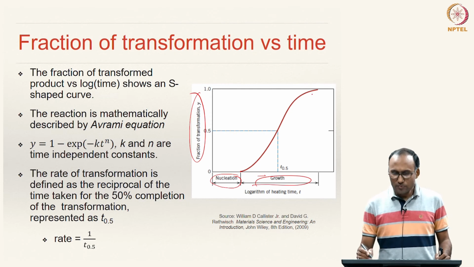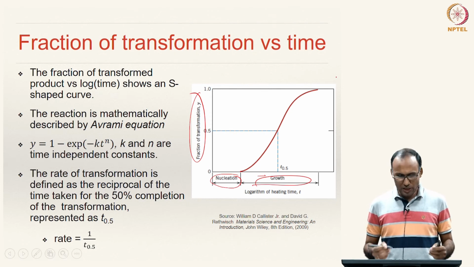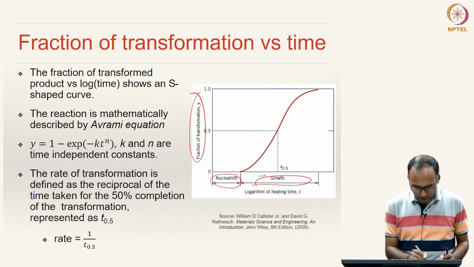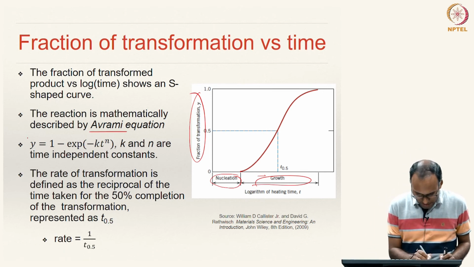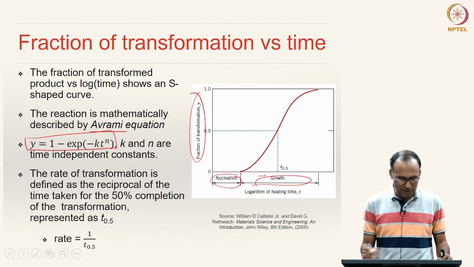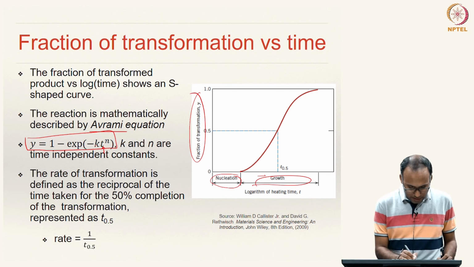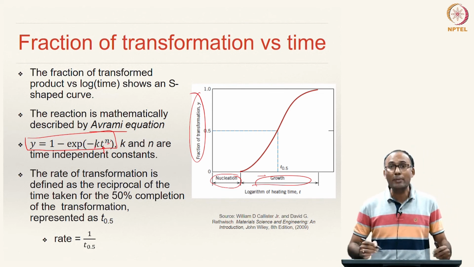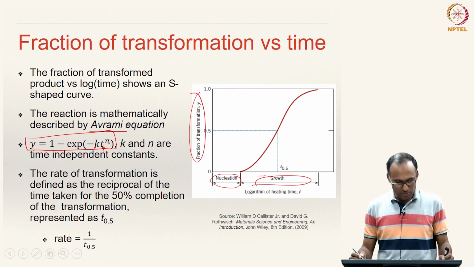This curve looks like an S-shaped curve, which can be mathematically described by something called the Avrami equation, as given by this relation: y equals 1 minus e to the power minus k t to the power n, where t is the time, and k and n are time independent constants which depend on the temperature at which this transformation is taking place.